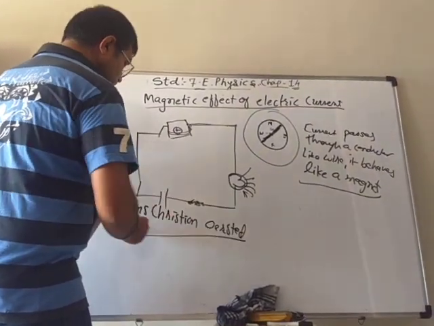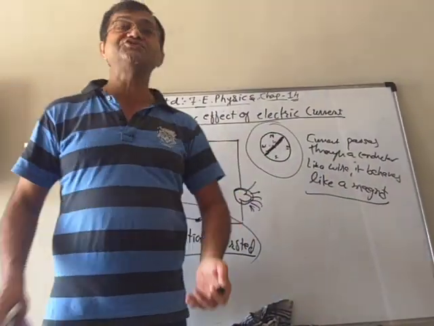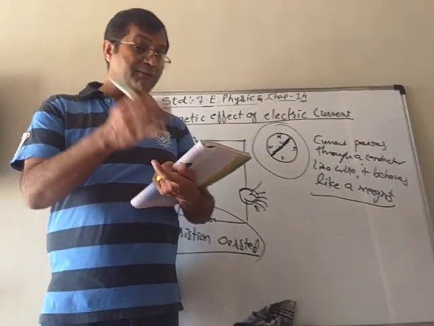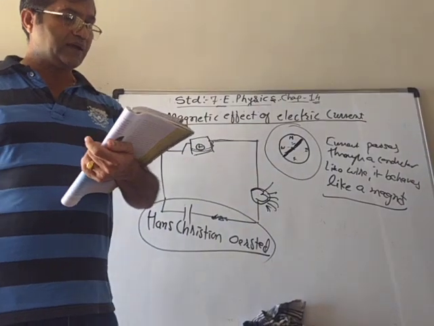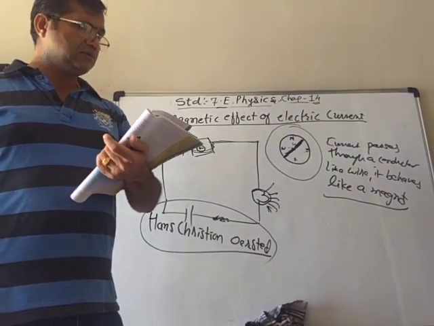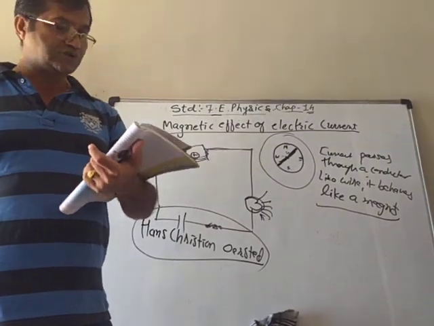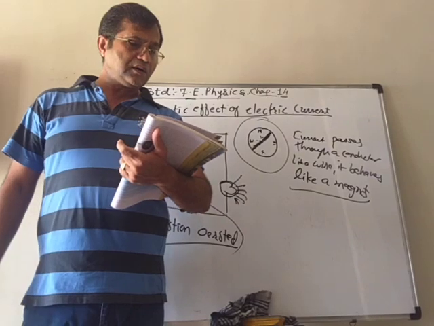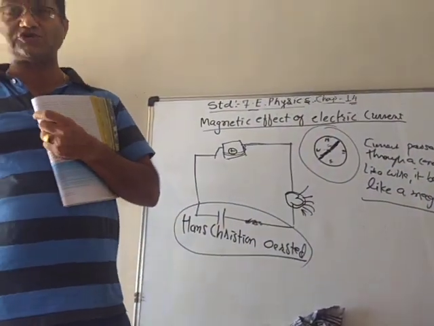He was the first to observe this phenomenon: whenever electric current passes, the magnetic needle shows deflection. And then he used that in appliances also, which we are going to learn about. Then he made more experiments also.